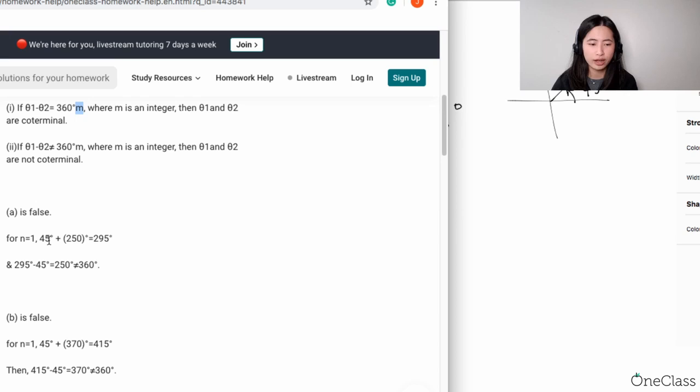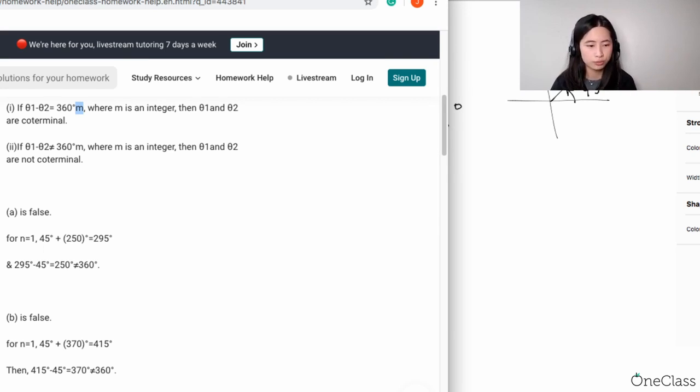When you subtract the two, you get 250 degrees. So theta 1 is 45 and theta 2 is 295. The most important thing here is that 250 degrees is not a multiple of 360, which means it's not going to be coterminal. That's why A is false.